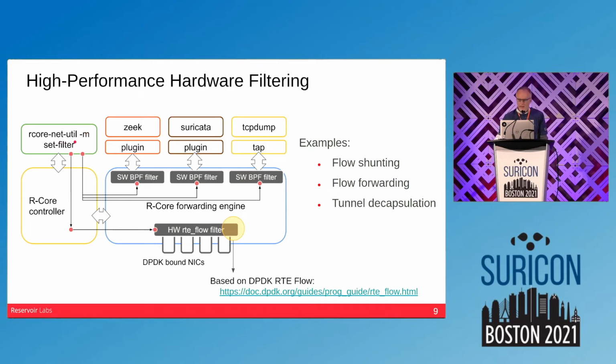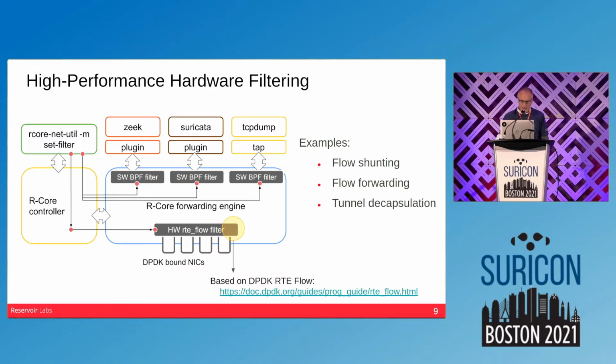You can do that at two levels: you can set up a software filter or a hardware filter. The hardware filter would go down to the NIC and deploy it on the DPDK NIC, using the DPDK RTE flow. So it's vendor independent in that sense.